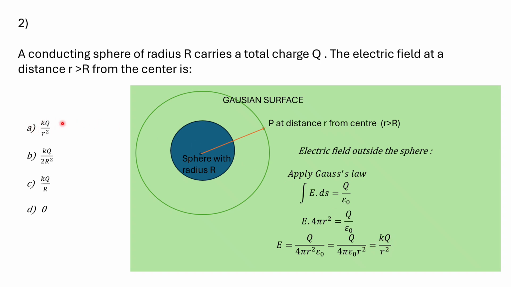Option A is the right answer. Again, one thing we should remember is that inside a conducting sphere, the electric field is always zero as the charge enclosed is zero.